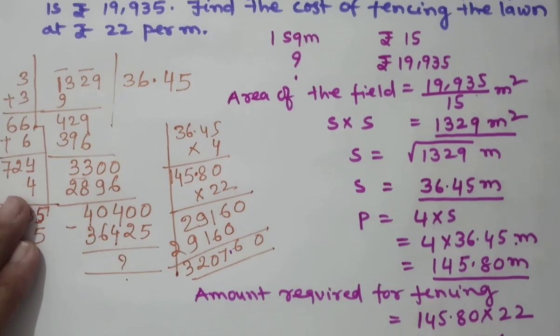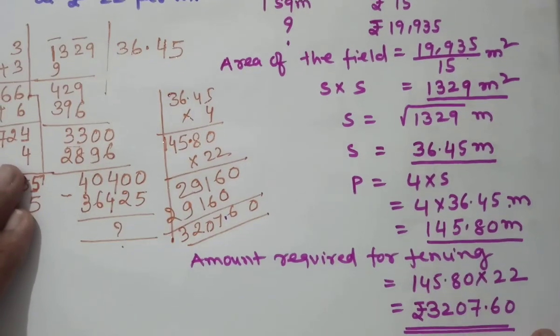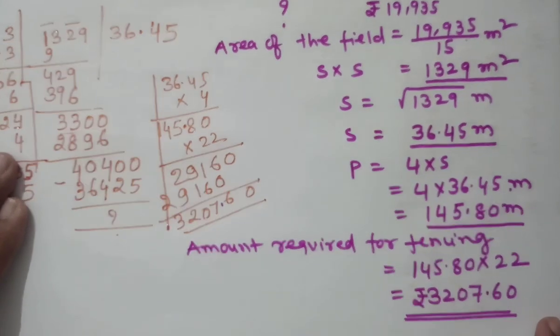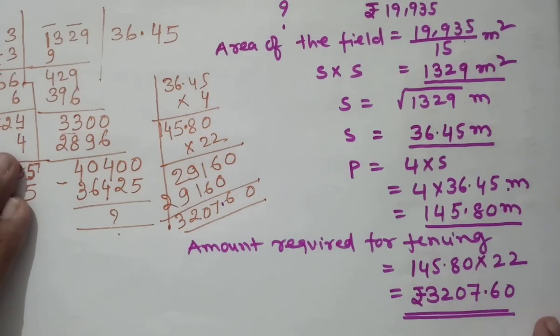Side was equal to 36.45 meters. Then we calculated the perimeter. Perimeter was equal to 145.80 meters, and after that finally we calculated the amount required for fencing. That was 145.80 into 22, which is equal to rupees 3207.60.